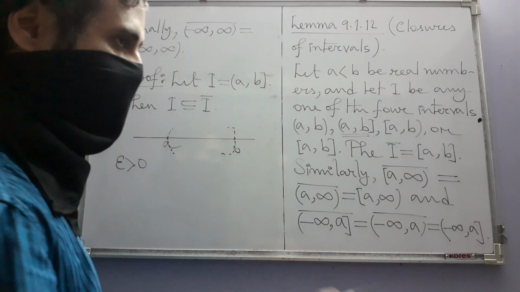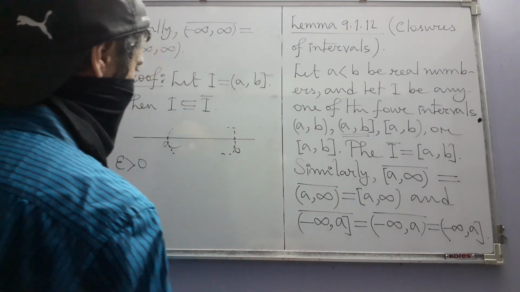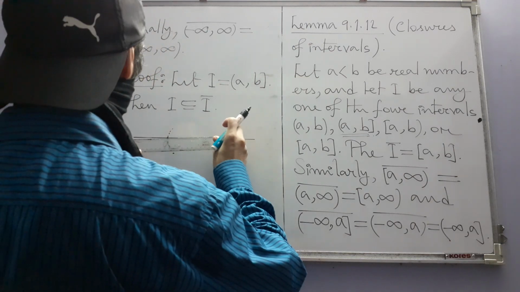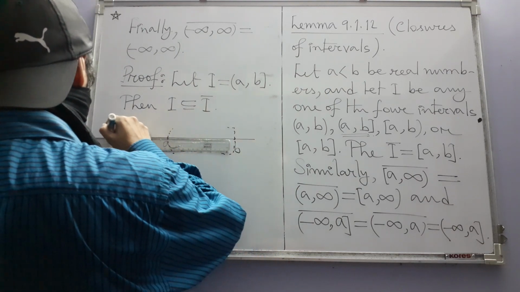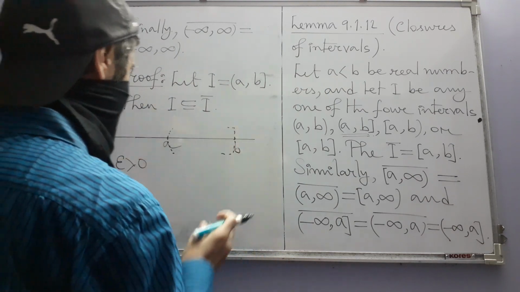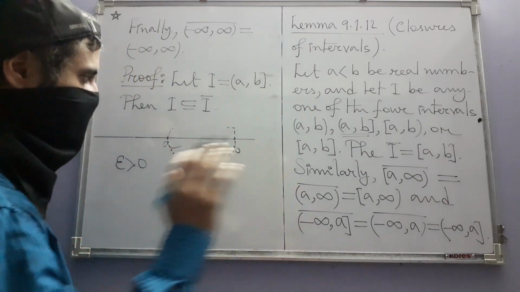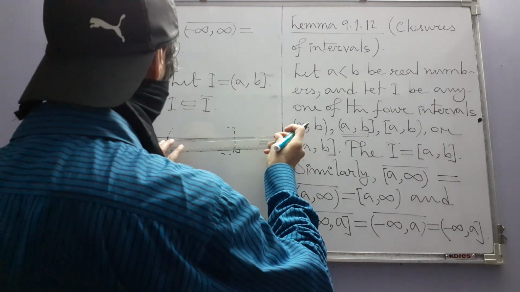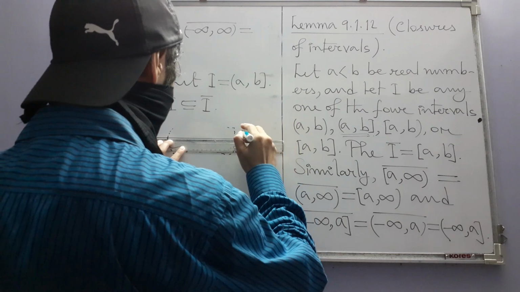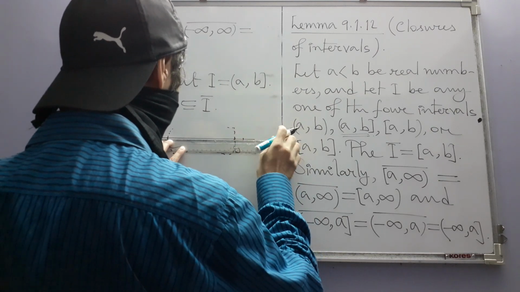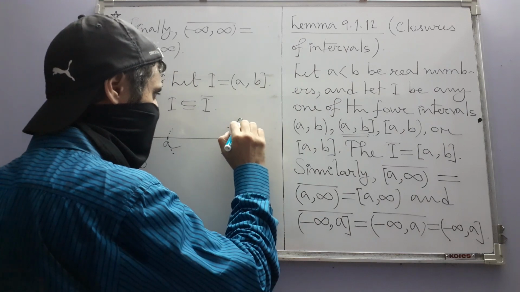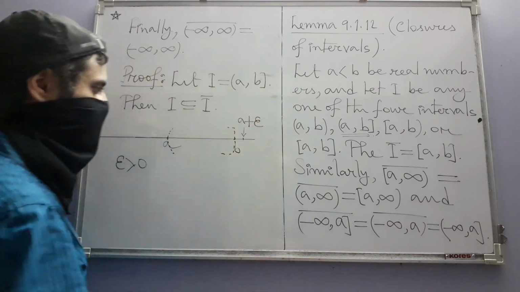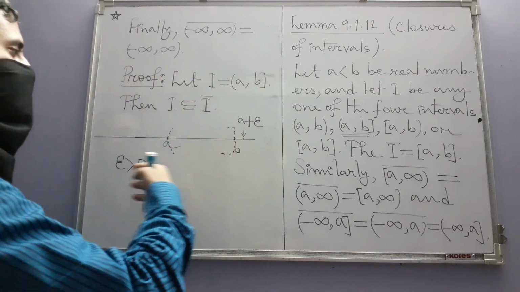Suppose epsilon is quite large, so large that I can't possibly show that here, but let me just try. Epsilon is so large that A plus epsilon, say A plus epsilon is this point, that A plus epsilon exceeds B.